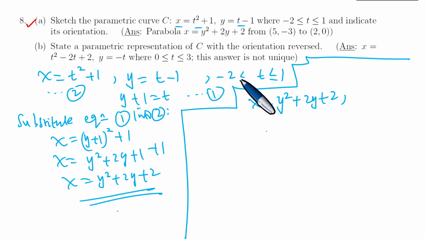Whenever t is minus 2, you would have the following. So you can investigate t equals minus 2 here because it's from minus 2 to 1.